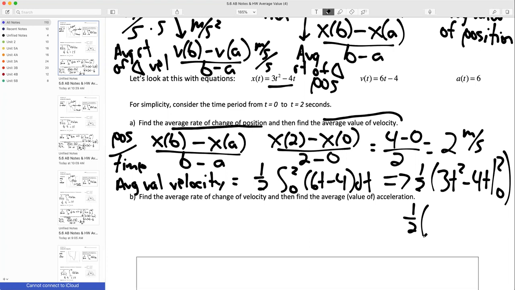I plug in 2. That's going to give me 12 minus 8, which is 4. I plug in 0 and I get 0. So I have 1/2 times 4, which is 2. And this is an average velocity. So my units are meters per second. It works.